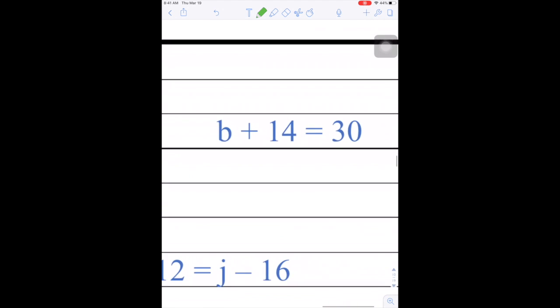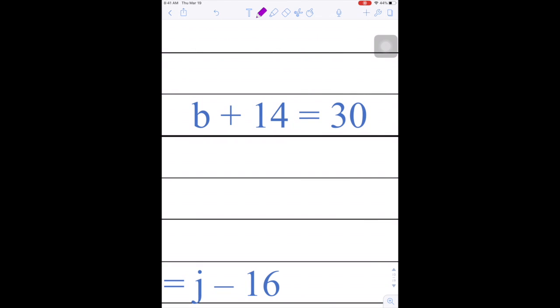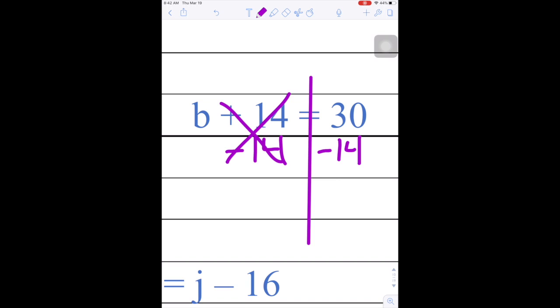All right, we're going to try another. So a line down the middle. Do the opposite. Instead of plus, I'm going to subtract. I still have b. 30 minus 14.